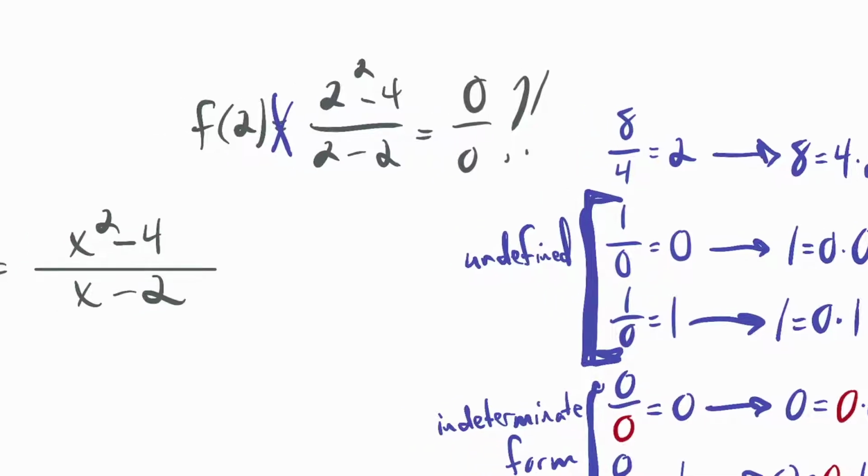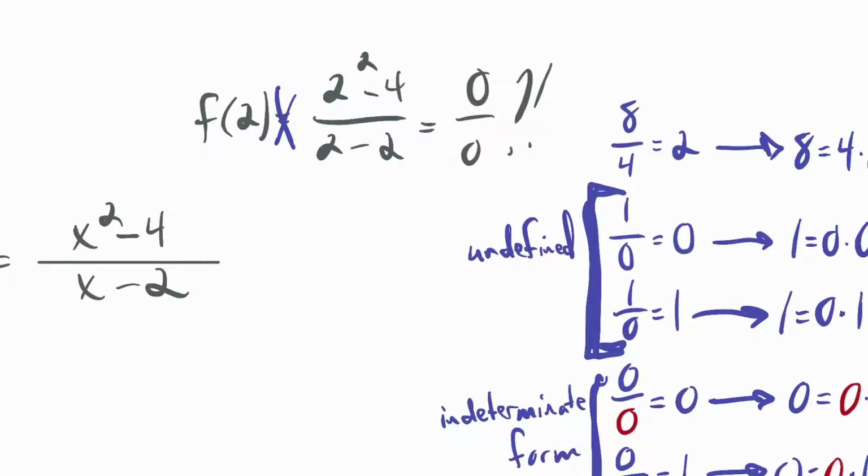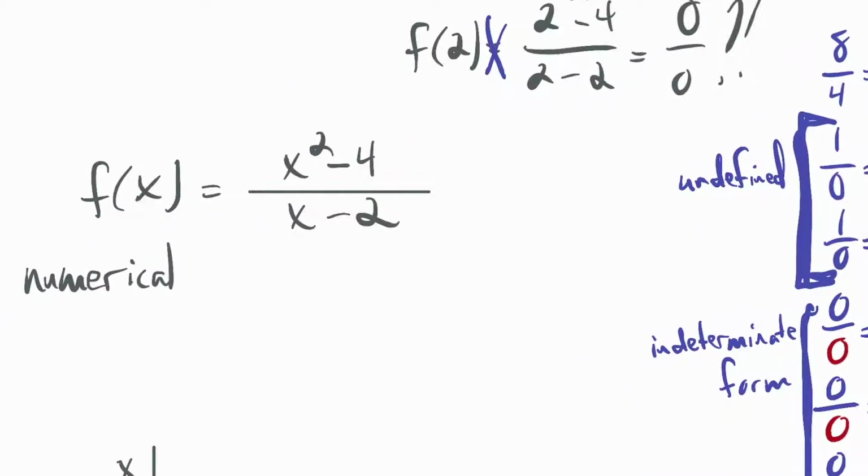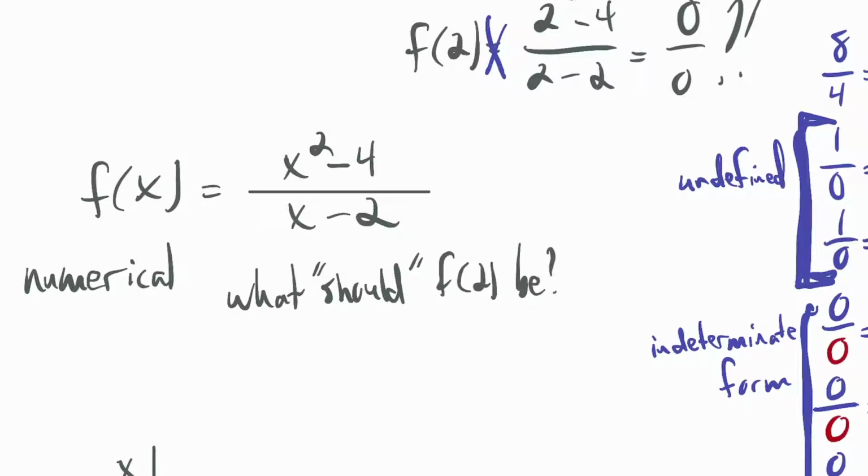But I could ask a related question. What should f of 2 be? And I'm putting should in quotes because I'm sort of working by analogy when I say should. The answer is it isn't anything.